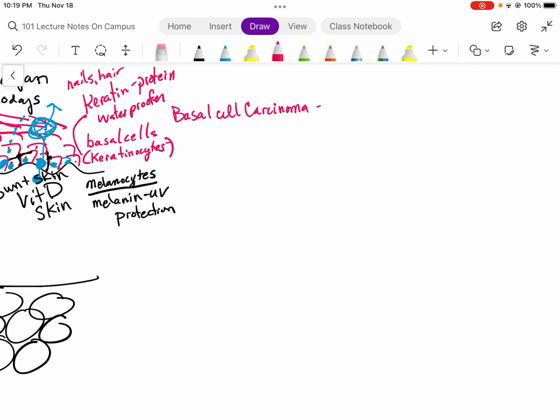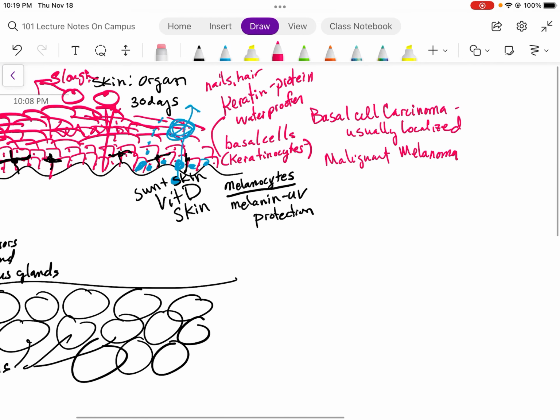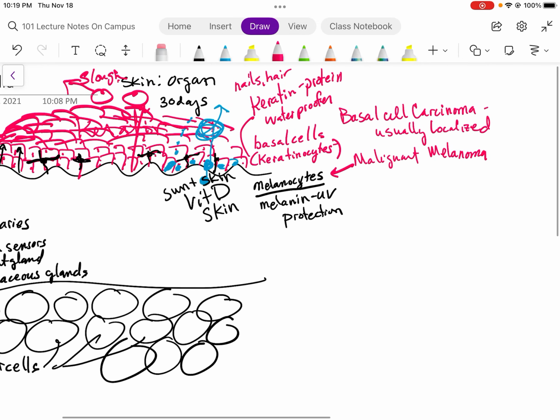Typically not dangerous, usually localized. And if we look at the other side, we have malignant melanoma. Now, malignant melanoma comes from infected melanocytes.